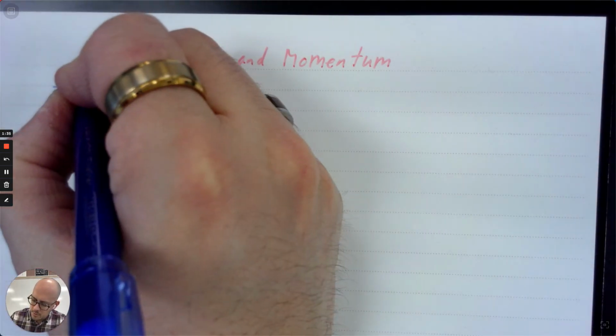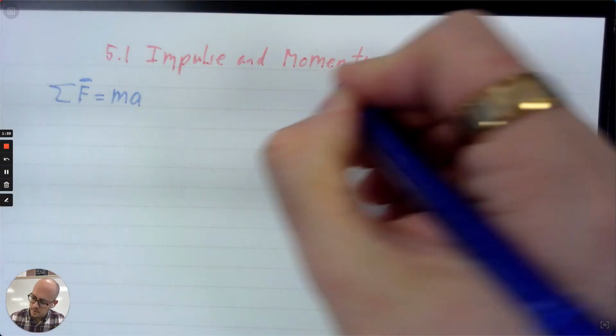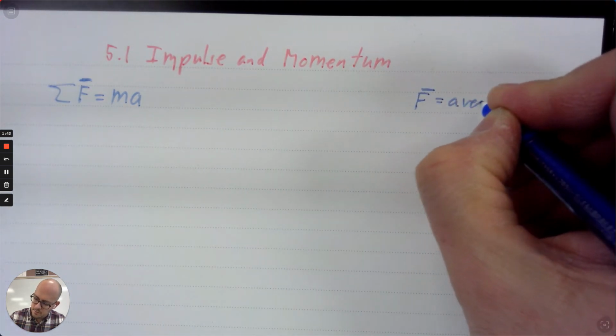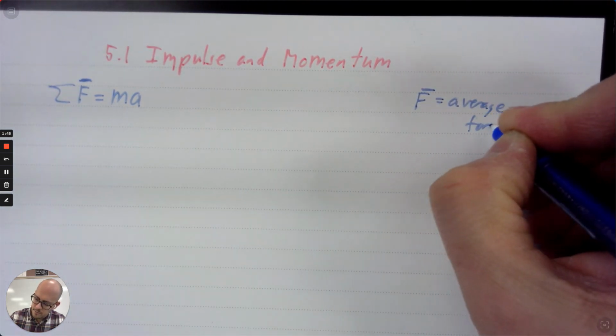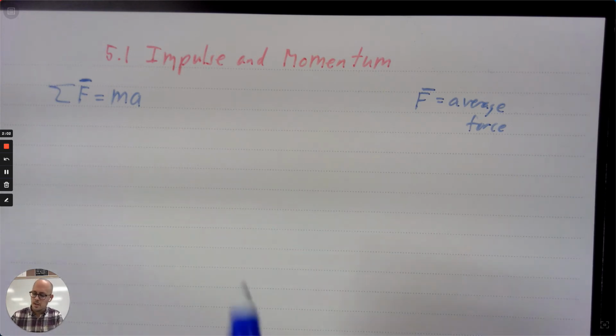If I put this little hat on the letter F, this hat means average force. Even if we deal with a variable force, the average is still a value that is a placeholder for the overall force.